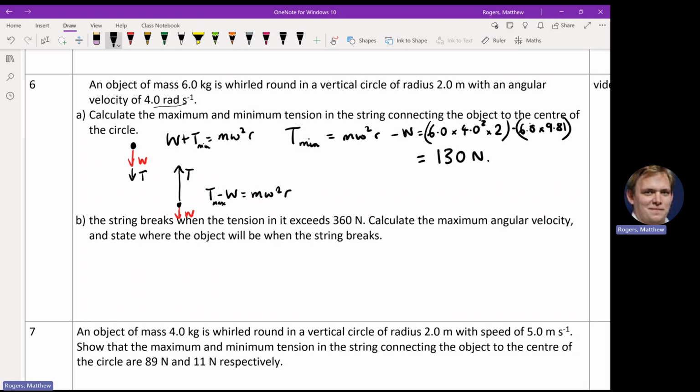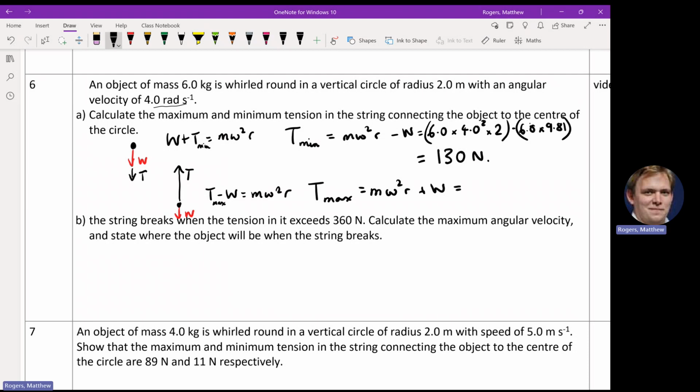So 130 newtons, and the maximum tension is equal to m omega squared r plus W. So from the value I've just calculated, I need to add the weight back in twice, don't I? Sorry, take the weight away twice.